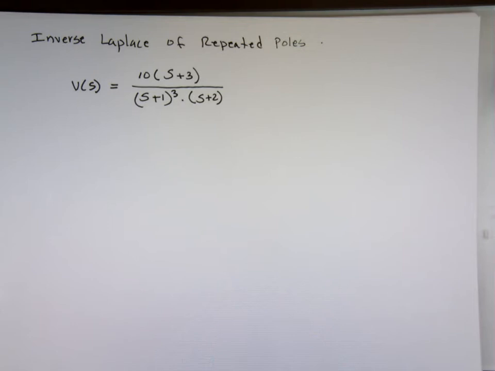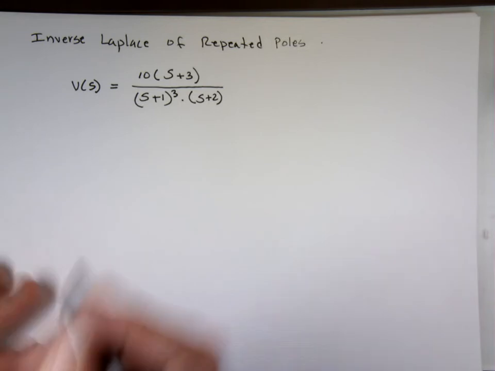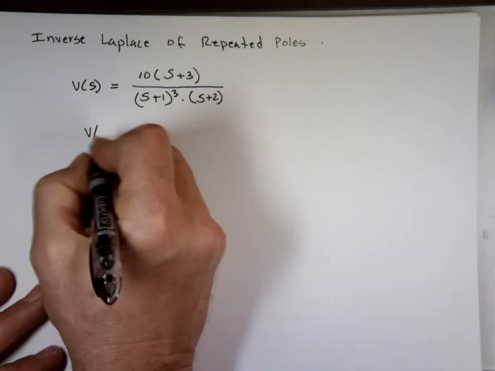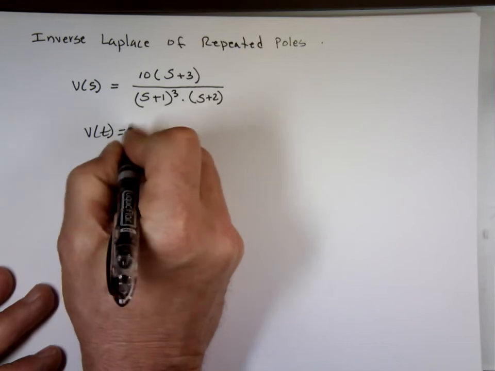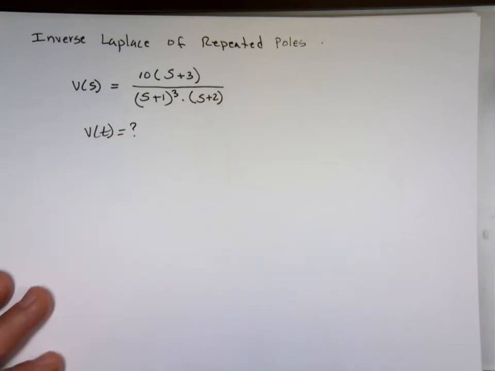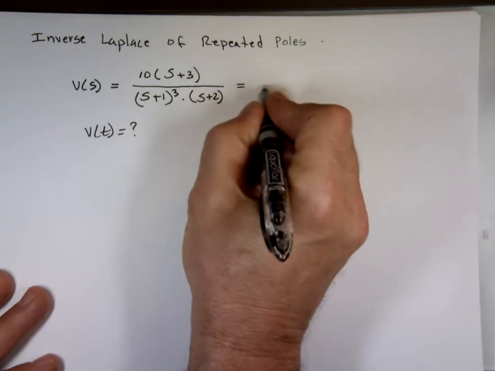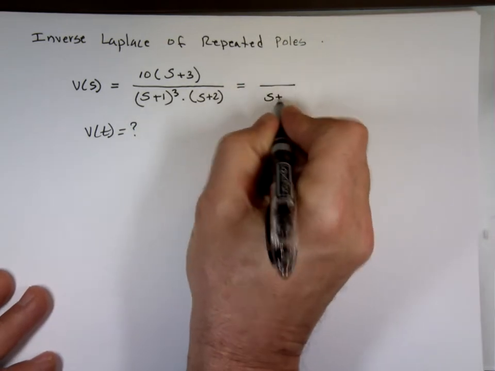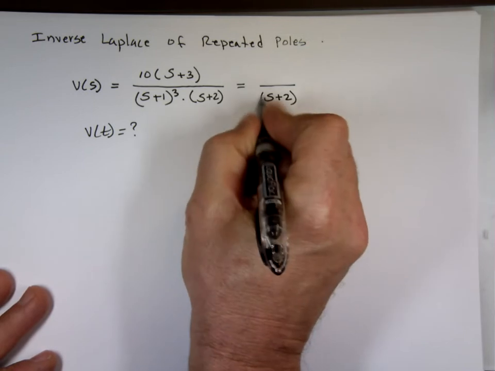Now, if you want to break that, you probably did that in math. We normally break that because we're looking to find what is VT. That's what the question is. Change it to time. Let me write something over S plus 2 because that's a distinct root. It's not repeated.